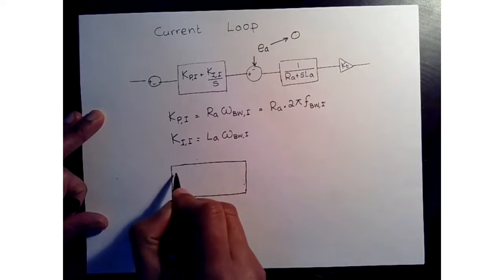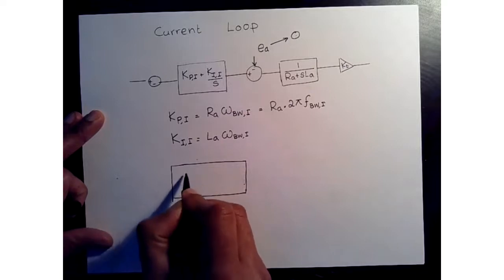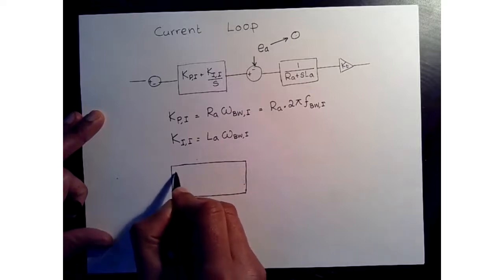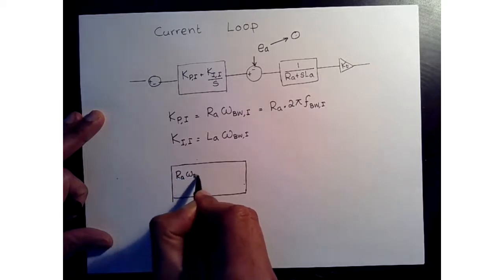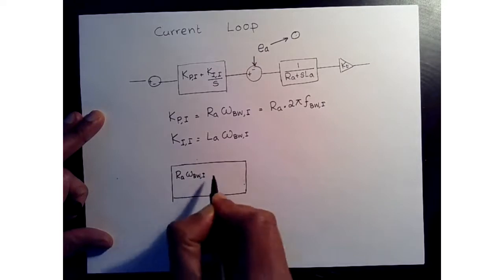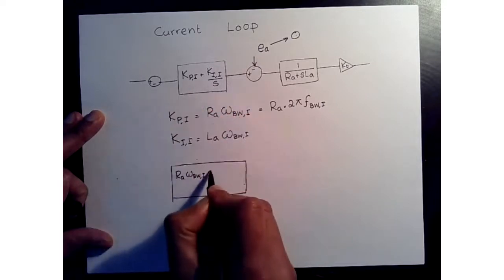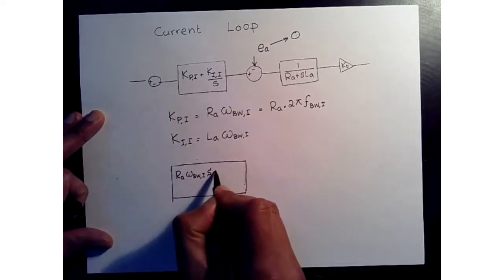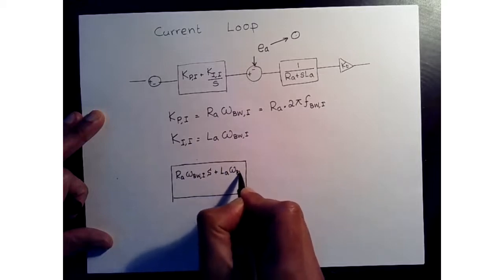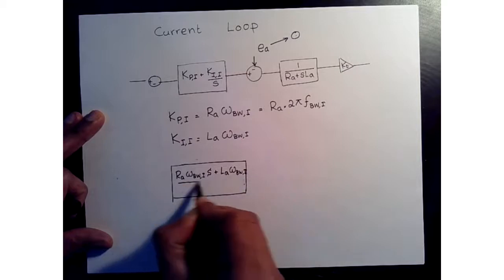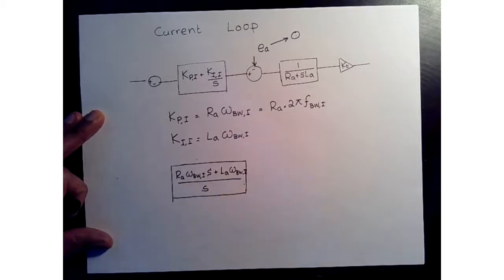We have RA omega bandwidth I, with an S here, plus LA omega bandwidth I over S, right?